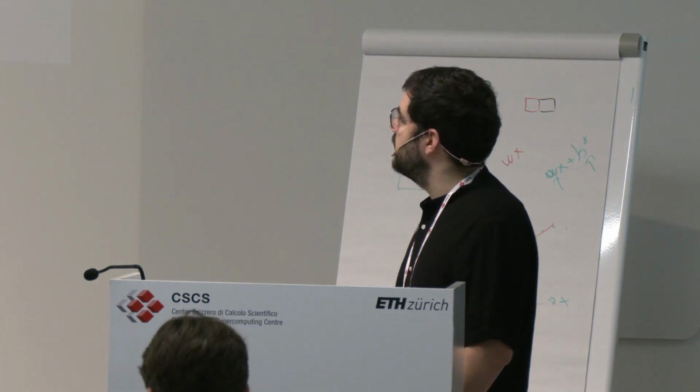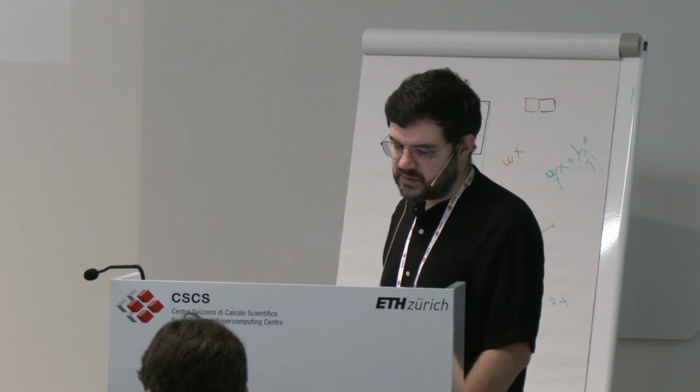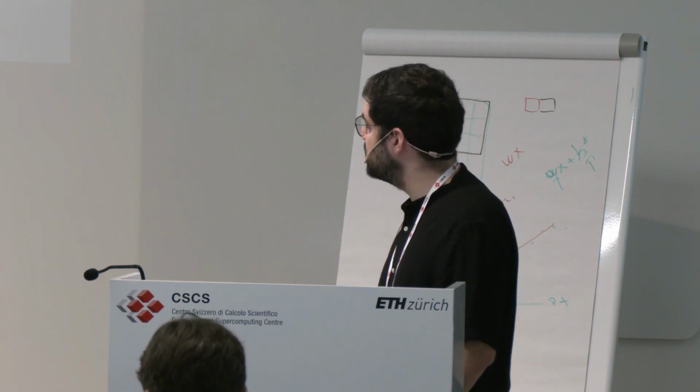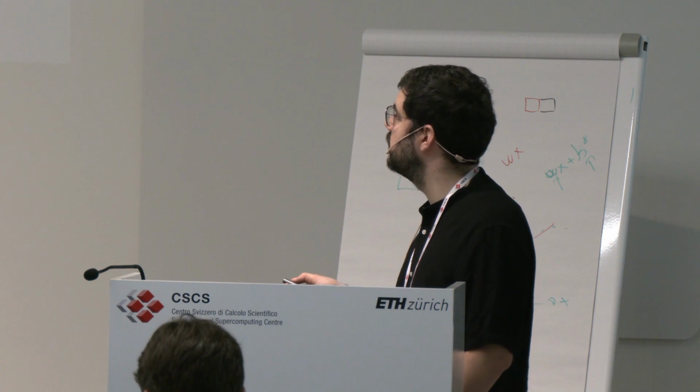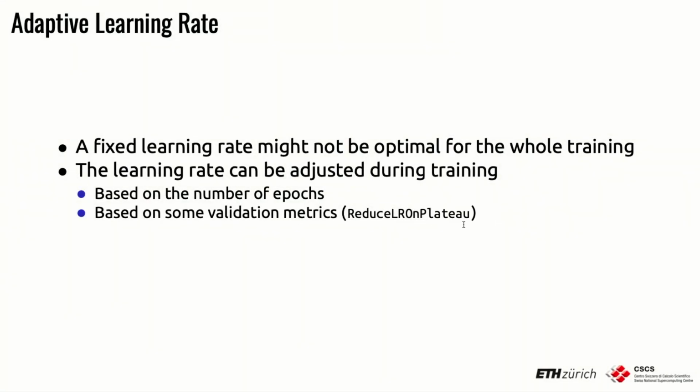In PyTorch, the learning rate can be adjusted during training based on the number of epochs, for example, or based on some validation metrics. For example, ReduceLROnPlateau keeps track of the validation loss, and if the validation loss reaches a plateau, it can modify the learning rate in order to escape this plateau.